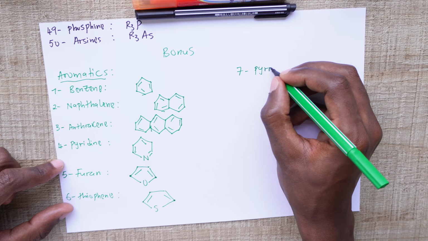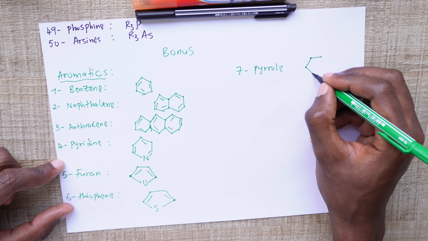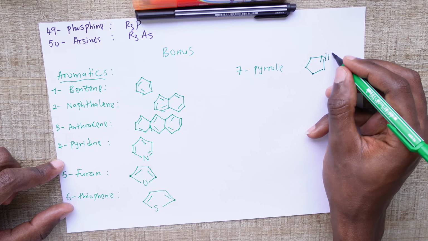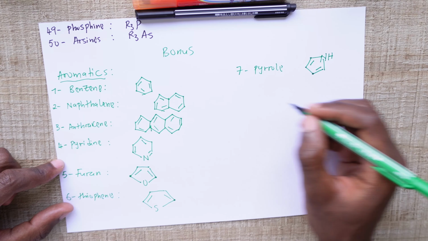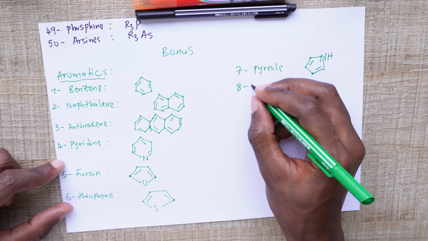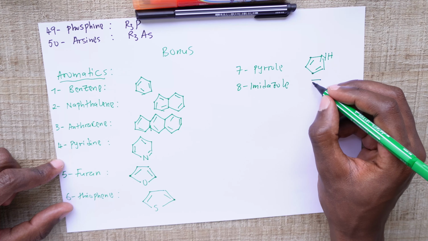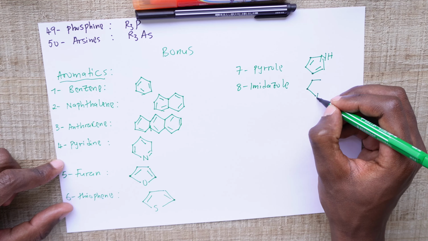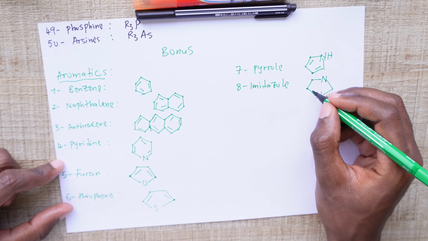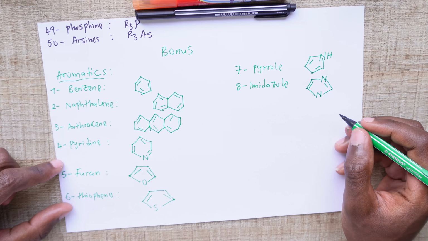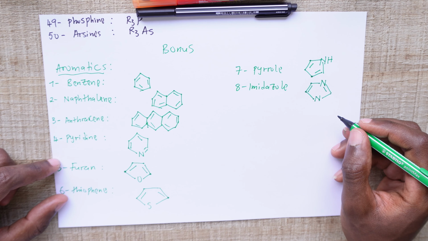We have the pyrroles, which have an amine here, so NH, then a double bond here. Okay, we have the imidazoles, imidazole, which has as functional group base. You have a nitrogen here, and you have another one here, then with the double bonds. Alright, do you have enough bonus points to have a good grade, or you need some more? Okay, let's run it up to 10.